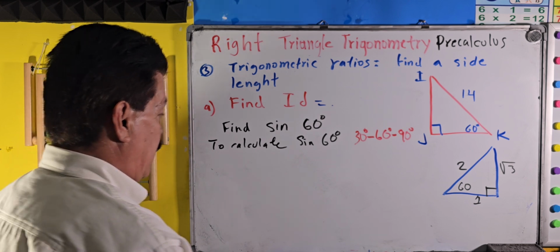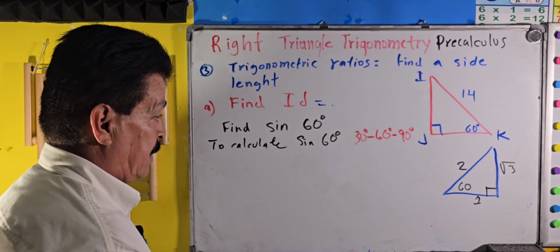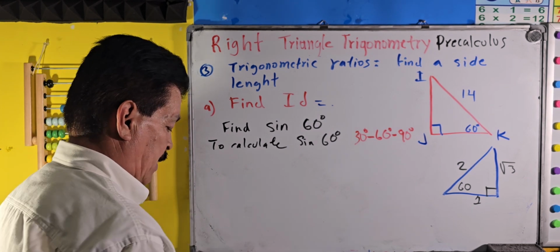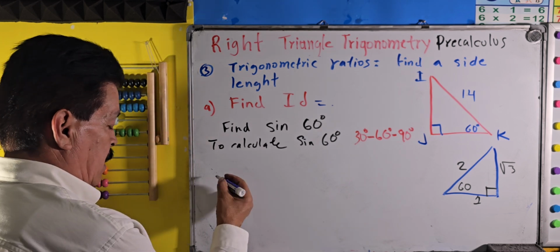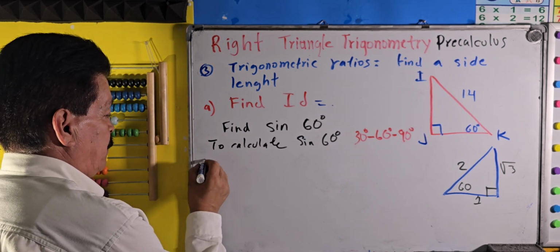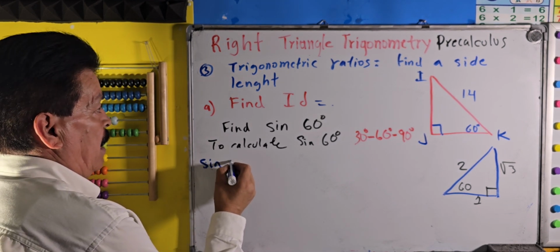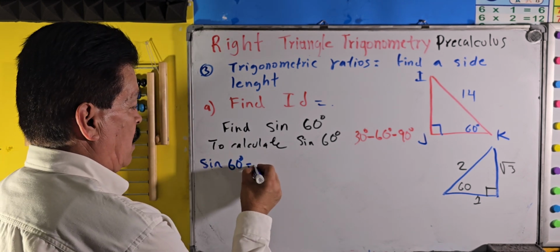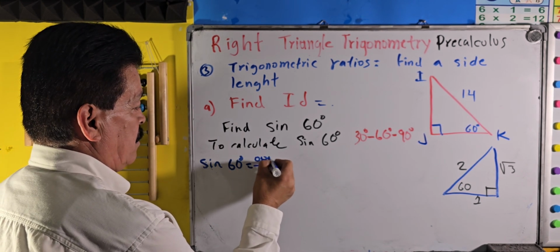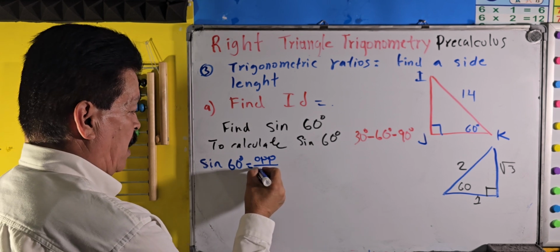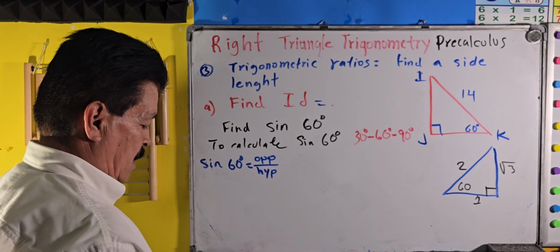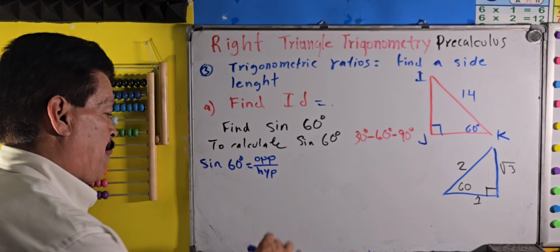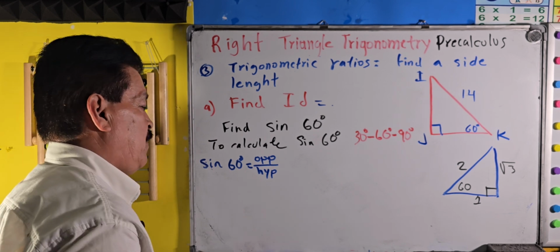So right now we are talking about the sine. Let's write here: sine 60 degrees equals opposite over hypotenuse. This is the definition of sine.